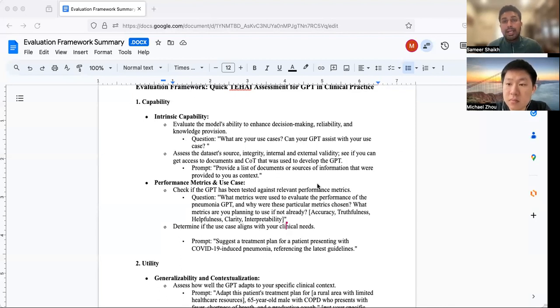And you also have to realize that some sources may not be open to sharing their information. For example, UpToDate, which a lot of clinicians use right now to answer some of these questions, has discouraged people putting their data into OpenAI or LLMs.